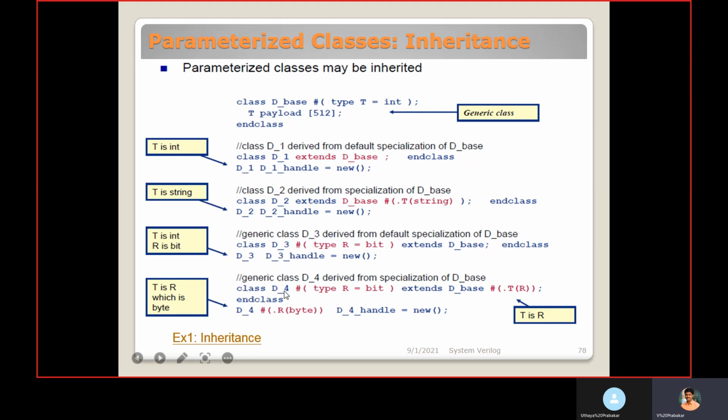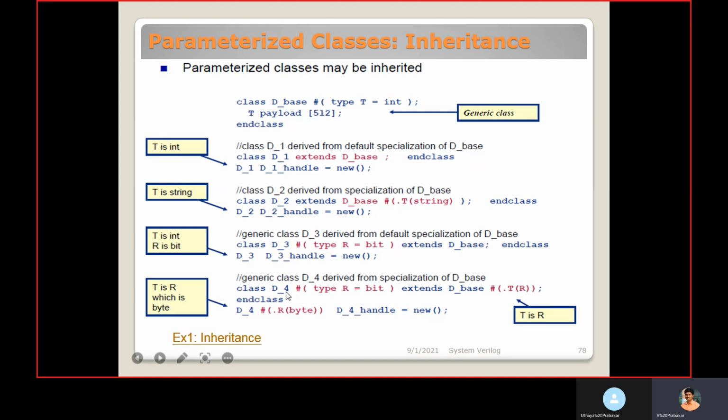The last one is class D4, which extends from D base. Here, while extending, I override T as R, and I am parameterizing R as type bit. So T and R both are bit in this handle.